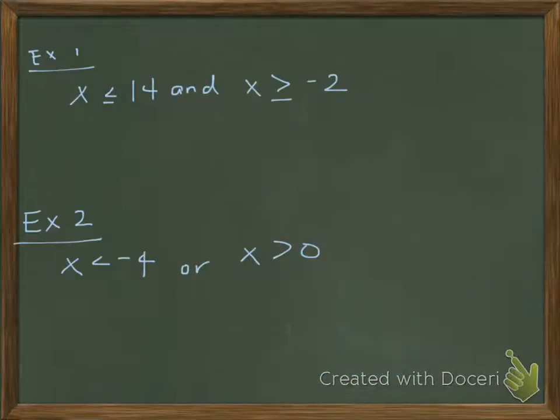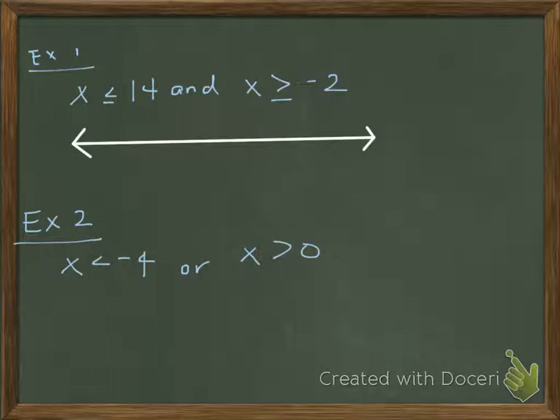In our first example, what we want to do is graph x is less than or equal to 14 and x is greater than or equal to negative 2. Here's what we want to do. We want to first start off by drawing our number line. And this time you're going to need more than just one dash.